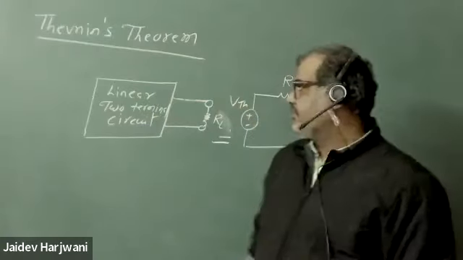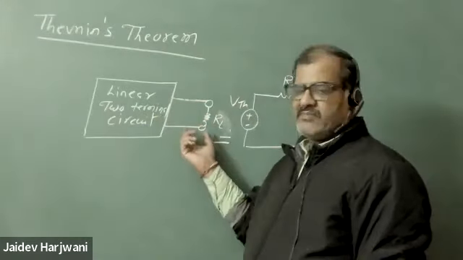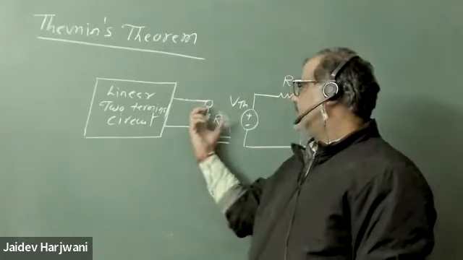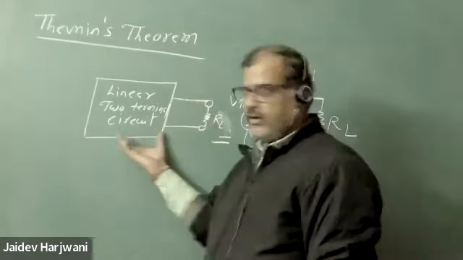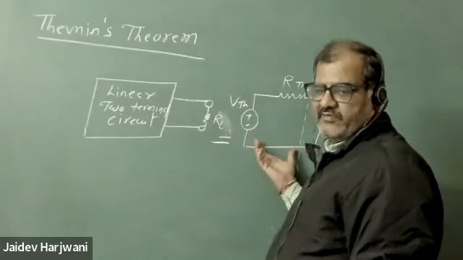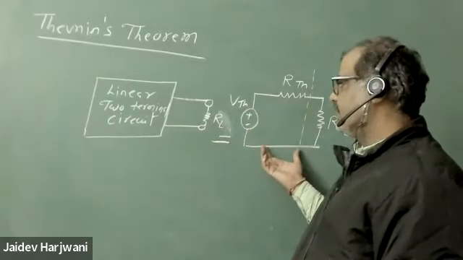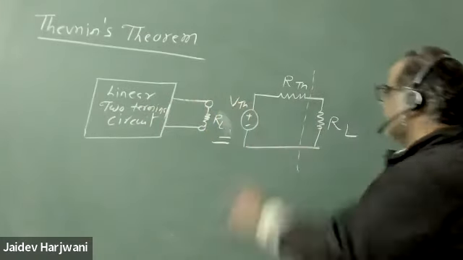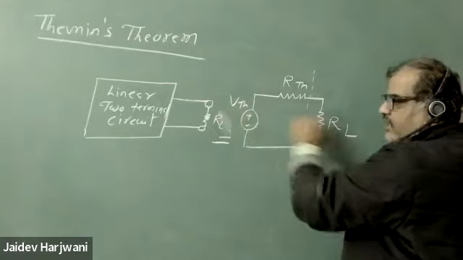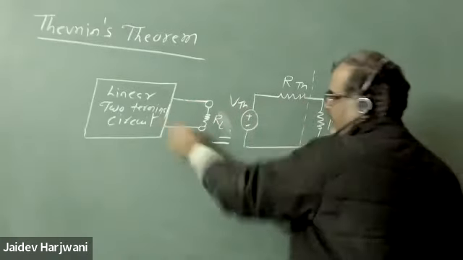What matters to us is just that fixed voltage. Whether the circuit is this or this, we do not care. If this circuit is giving voltage VL here, and this circuit is also giving voltage VL, which are equal, then these two circuits are equivalent.